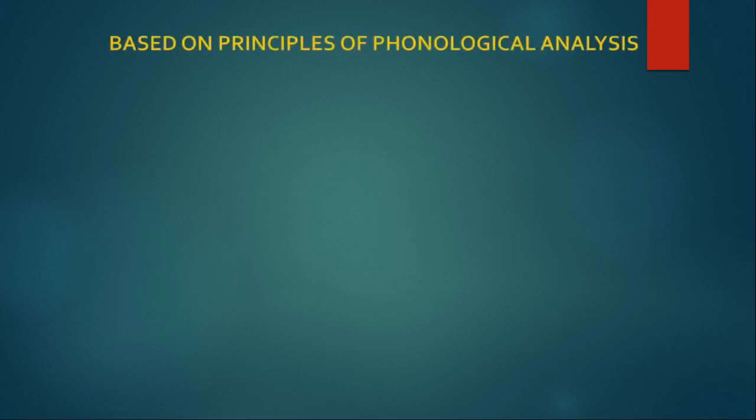Nowadays, the principles of componential analysis are just like the principles of phonological analysis. If you know the principles of phonological analysis, you will easily learn the principles of componential analysis.